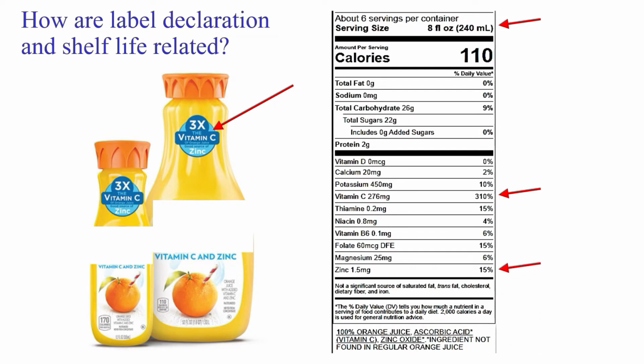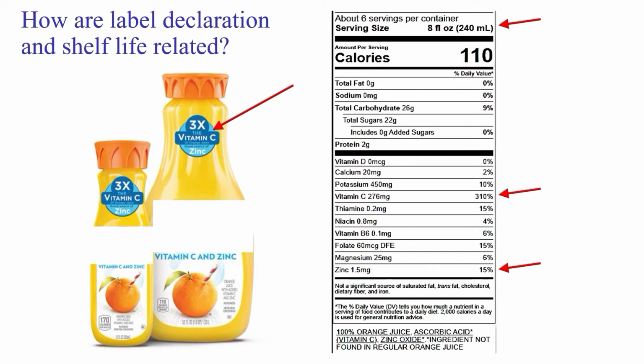Then they added zinc too. So if the product does not contain this amount of vitamin C as you have declared on your nutritional labeling, the consumer may bring the case to court, because the product does not fulfill the food laws and regulations from the perspective of labeling.